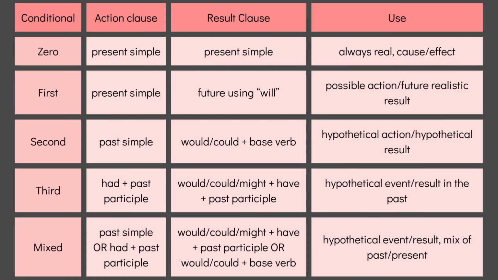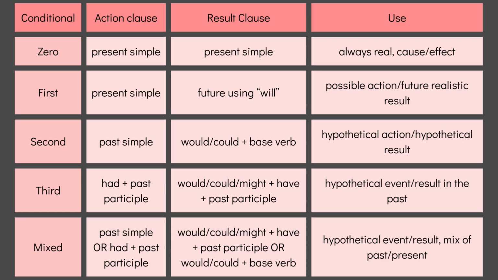Here I've put all of the conditionals we've talked about today into one chart. I have the 0, first, second, third, and mixed conditional, their action clause and what tense they use, their result clause and what tense that uses, and then what we use the conditional for. So for the 0 conditional, the action clause is in the present simple tense, and the result clause is in the present simple tense.